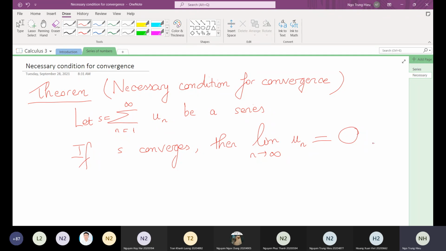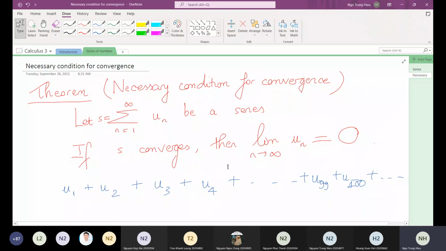So think about this. If you have u1 plus u2 plus u3 plus u4 and so on. So these are individual terms, right? So plus u99, u100, and so on. If this series converges, then the individual terms have to be very small later on.